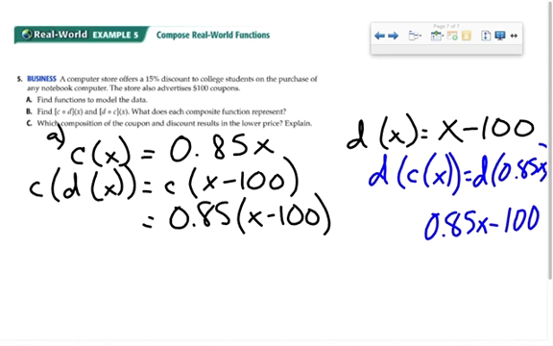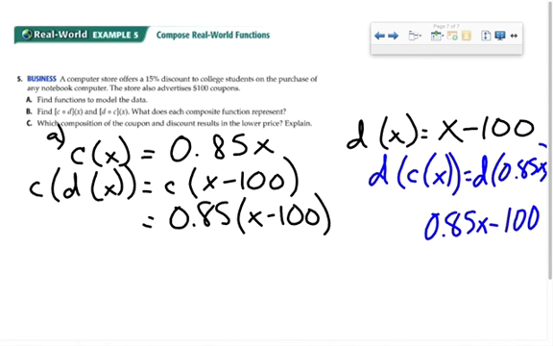And they're asking us, what does each composite function represent? Well, what I'd hope that you'd ask yourself at some point in the first steps of this problem is, they're not telling me in what order these two prices off of my computer happen.